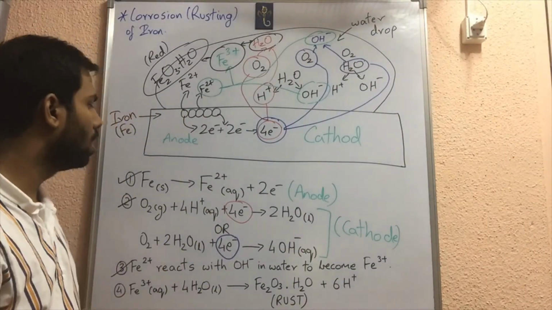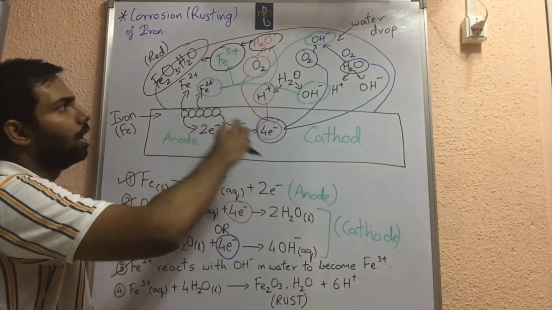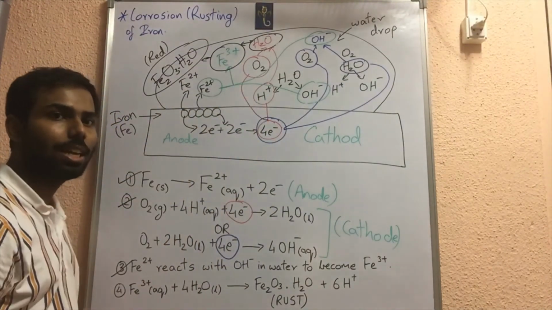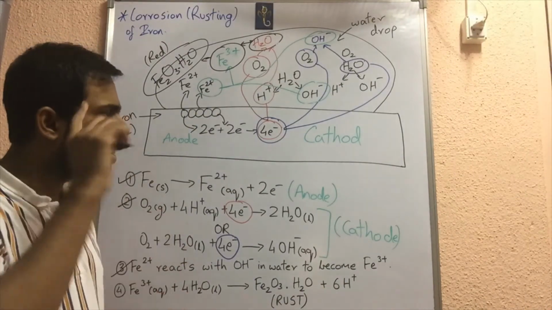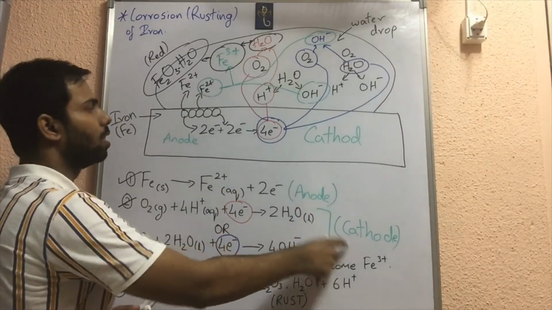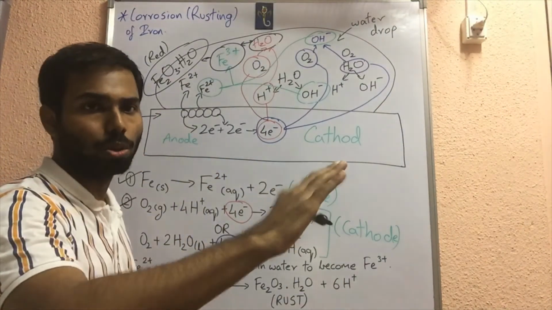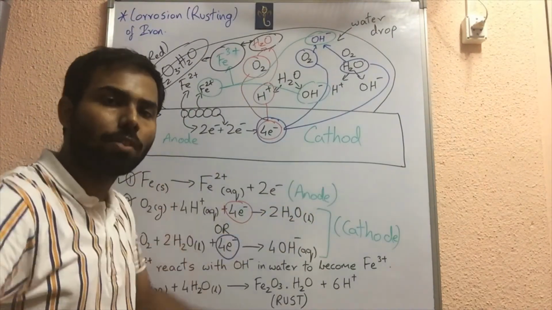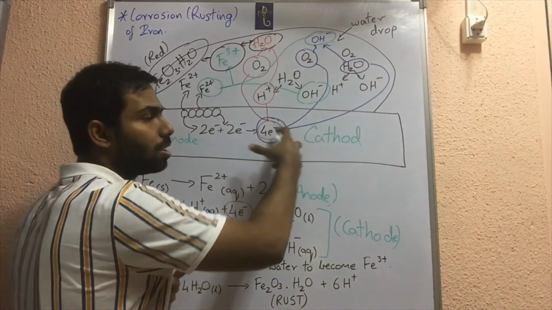Okay, so make sure you are copying these 4 steps systematically in your notebook and you are drawing this diagram systematically in your notebooks in such a way that you understand. Okay, I think one thing which I did not revise was anode and cathode. यहाँ पे anode क्यों बन गया? क्योंकि electrons were given out. Electrons जा रहे तो positive बन रहा है. Whatever is positive is anode. यहाँ पे 4 electrons absorb हो रहे हैं.